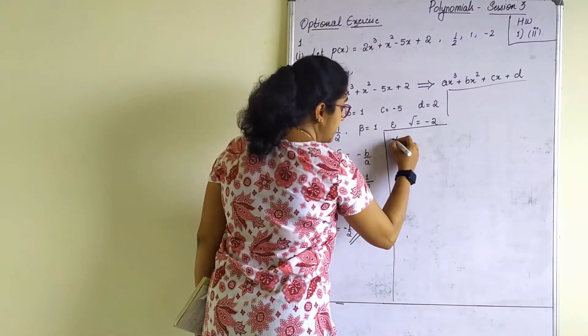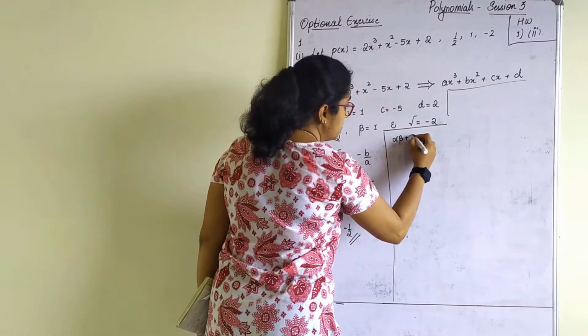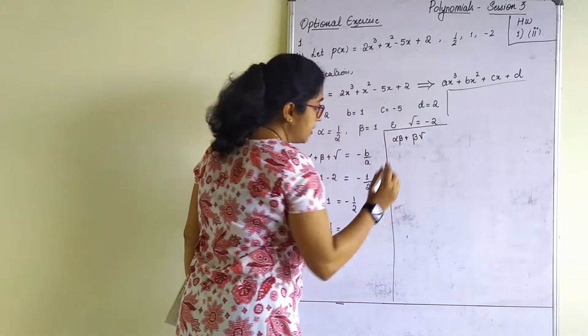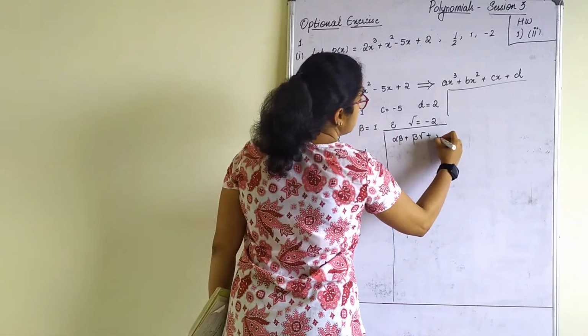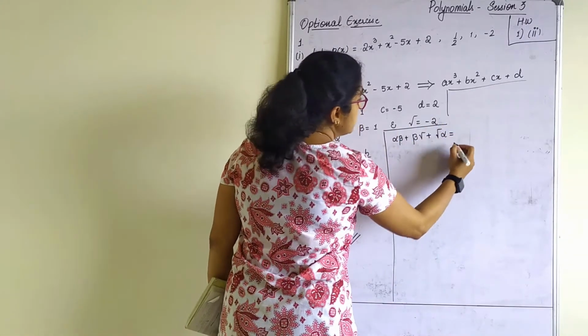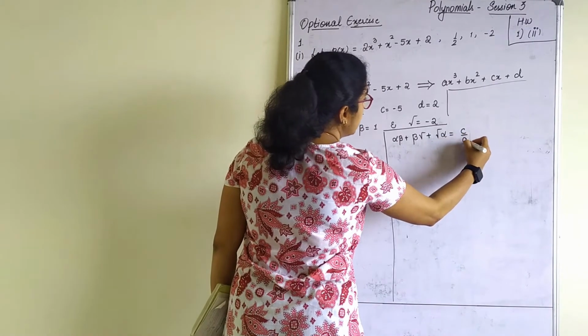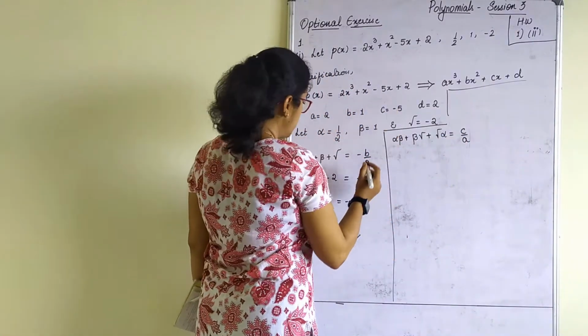What is the next part? Alpha, beta plus beta, gamma plus gamma alpha is equal to C by A. Correct? Substitute the values.